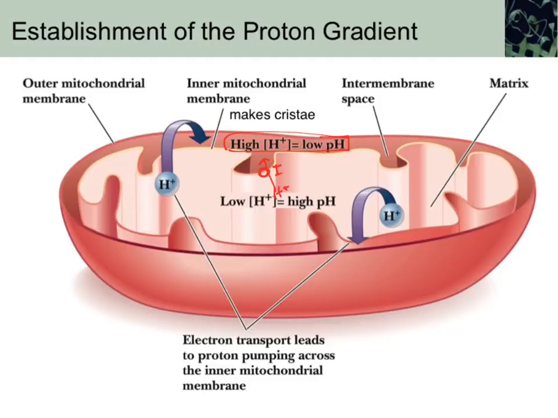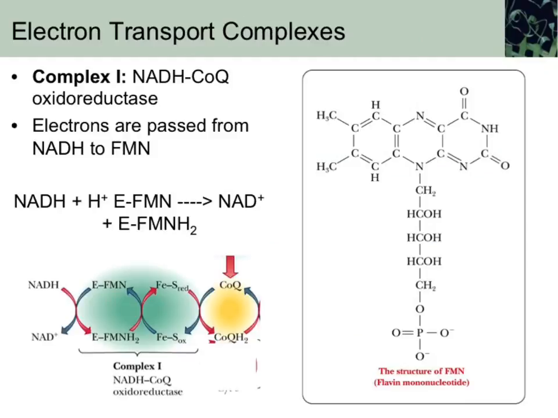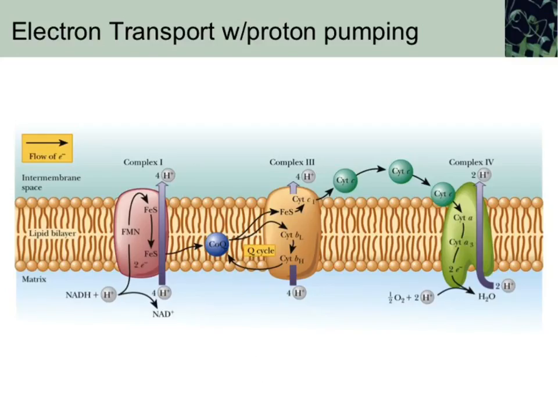I have a question on that. For complex 1, where it says NADH plus H, does that mean that it's NADH2? No. We keep coming back to what's going on with that extra H+.